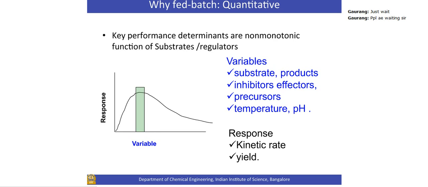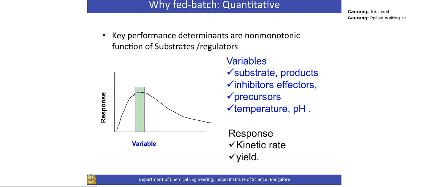And on the y-axis here, I have the response of the cell to variation in these variables. And the typical behavior is as follows. Initially, as the levels of this variable increase, the response becomes better and better. However, beyond a certain critical threshold, the cells actually start responding in a negative manner, or in other words, the response deteriorates. And this is what I meant by non-monotonic function.